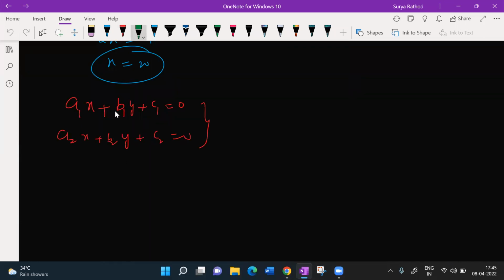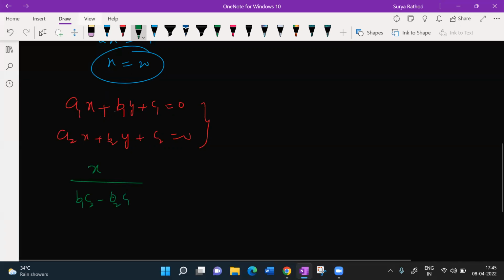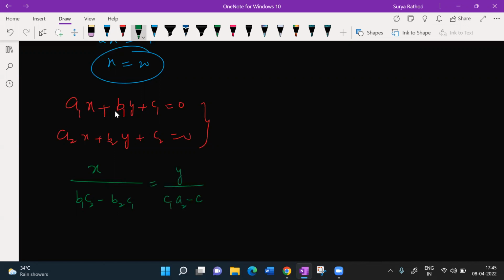What is the formula? x by b1c2 minus b2c1 is equal to y by c1a2 minus c2a1 is equal to 1 by a1b2 minus a2b1. Okay, this is the formula.